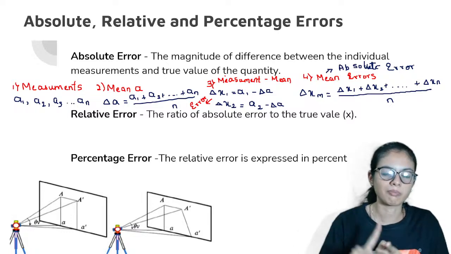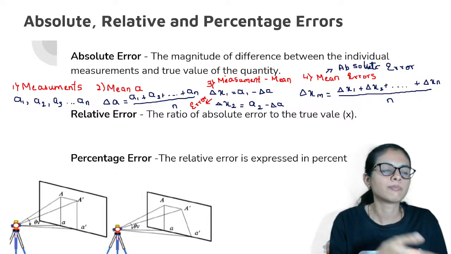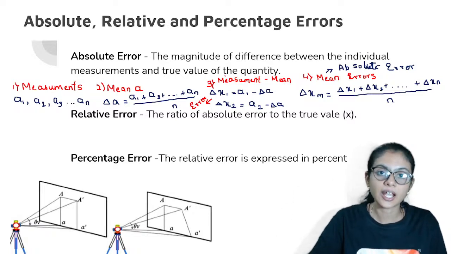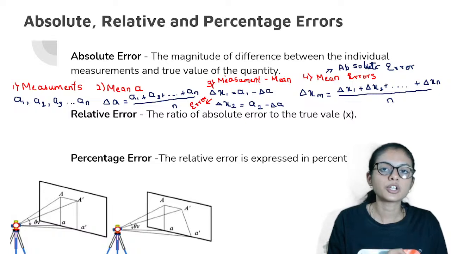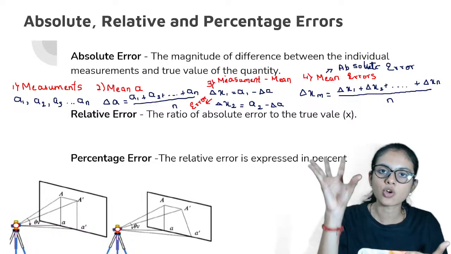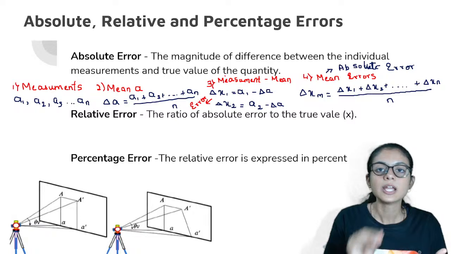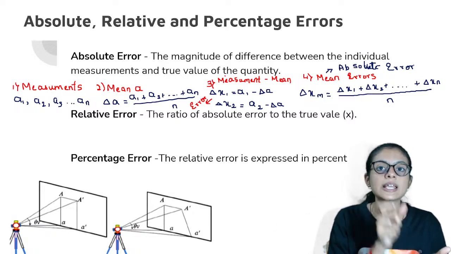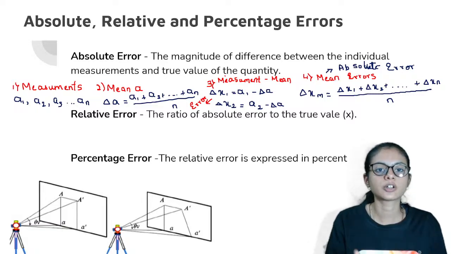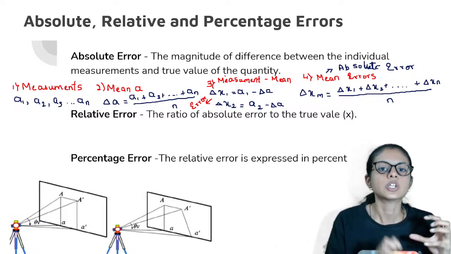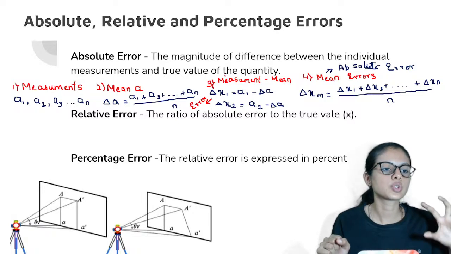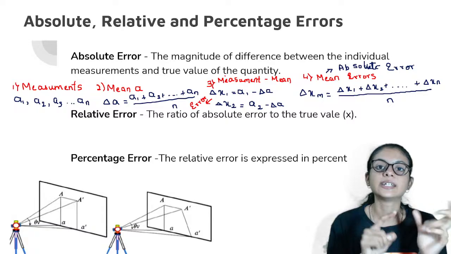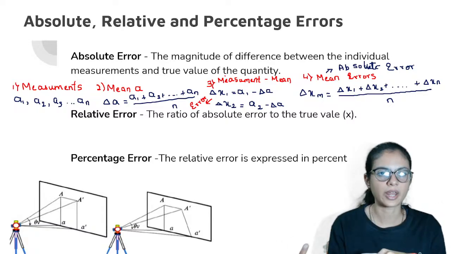So first thing is measurements, 1.1, 1.2, 0.9, 0.99 maybe the measurements. So what you'll do in the next step, you'll add all the measurements, divided by the number of measurements. So what you got now is the mean, right? In the next step, you're going to subtract the mean from the value, that is 0.99 minus 1.0.